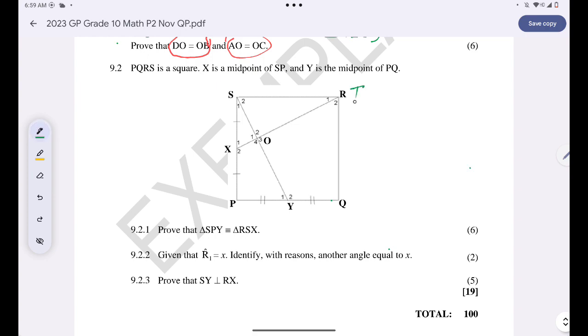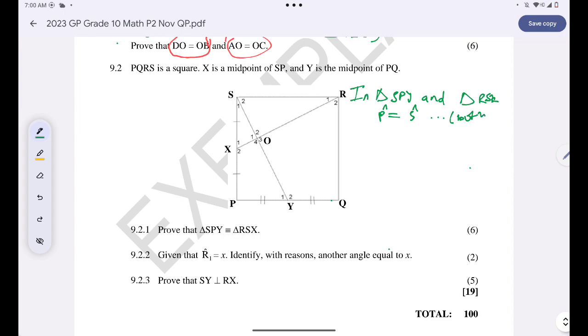In triangle SPY and triangle RSX, what do I know? For SPY, I know that P is equal to 90 degrees, and for RSX, I know that angle S is equal to 90 degrees.